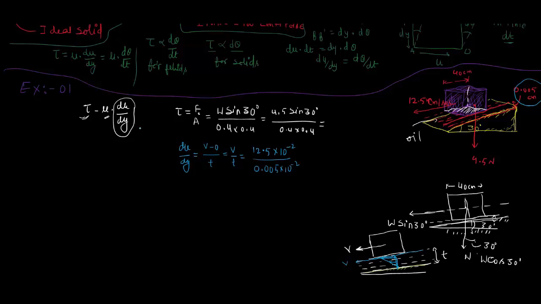So now from this formula we know tau and the velocity gradient.